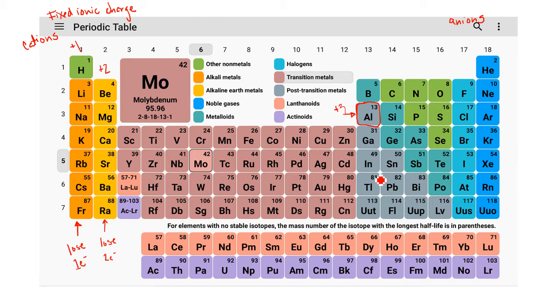While I'm here, I'll go ahead and tell you about the charges on the anions. Everybody over here in the nonmetals, okay, so I'm only talking about nonmetals here, and I'll draw a line to show you that in a second. The nonmetals over here always gain electrons, right? That's what it means to be anions. These guys are going to gain electrons.